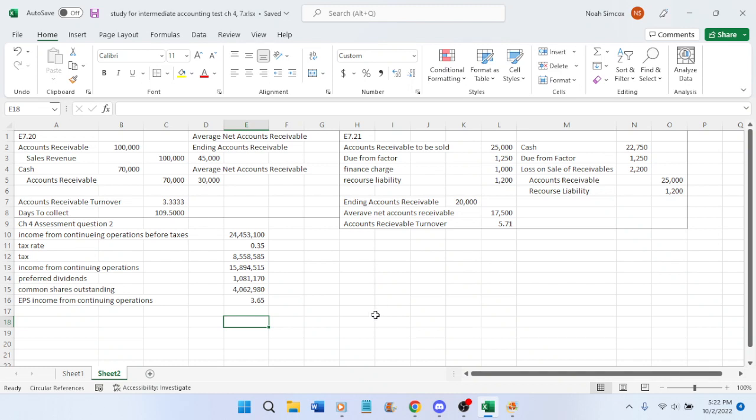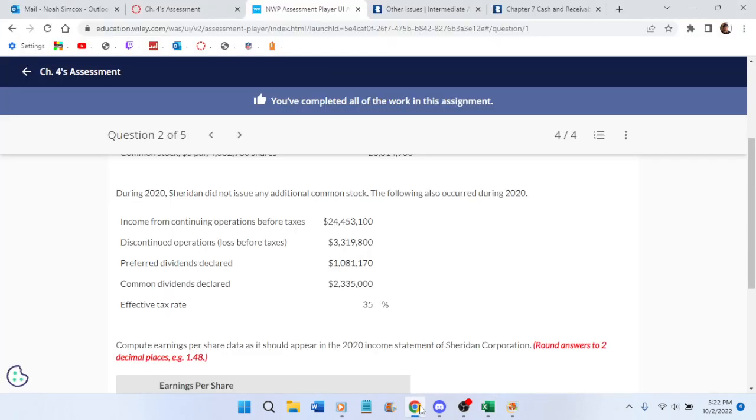Next step. What's the next step? Discontinued operations.